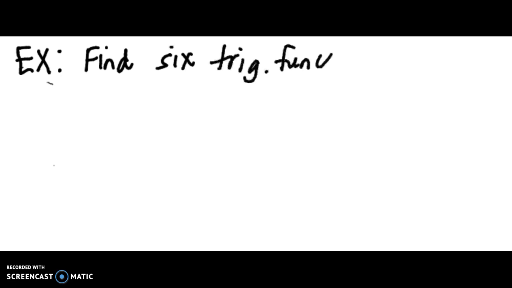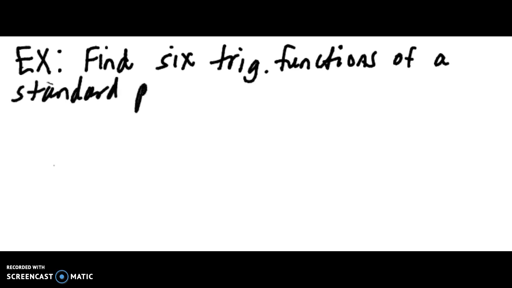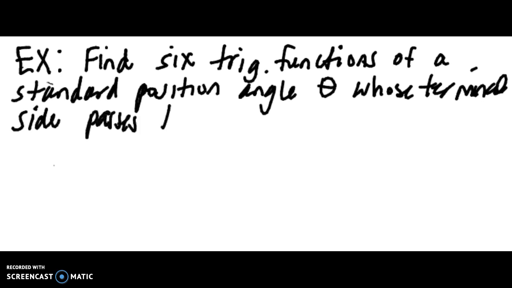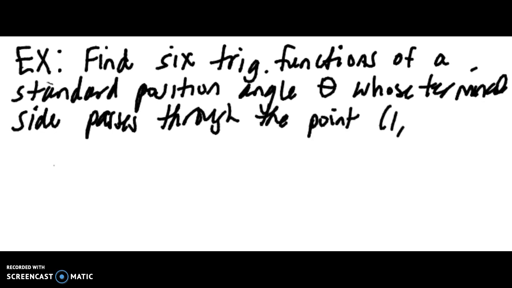So in this example, we want to find the 6 trig ratios or 6 trig functions of a standard position angle theta, whose terminal side passes through the point (1, 3).